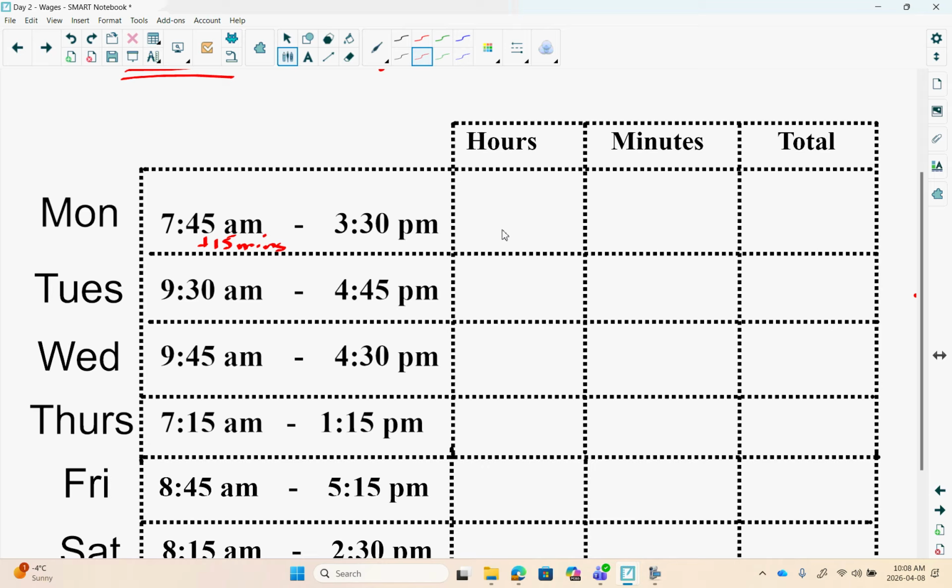So I'd have 7 hours total. And I have 15 minutes and 30 minutes. That's 45 minutes. If I want to change that to a total number of hours, do I do this? Is it 7.45? No, 45 minutes is how many hours? What is it?